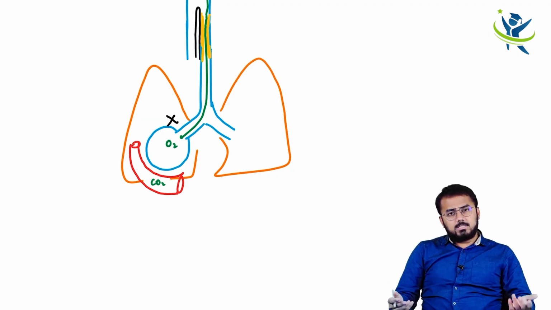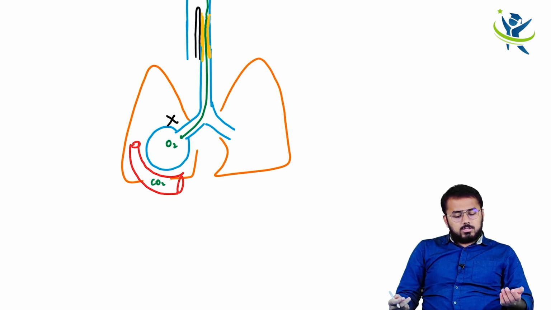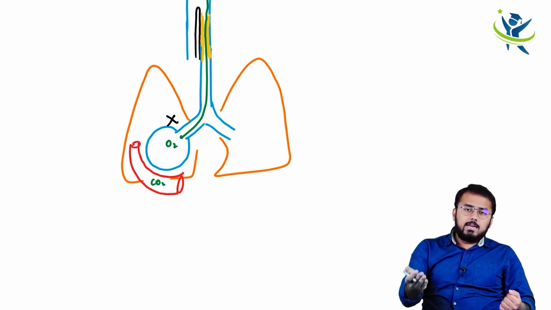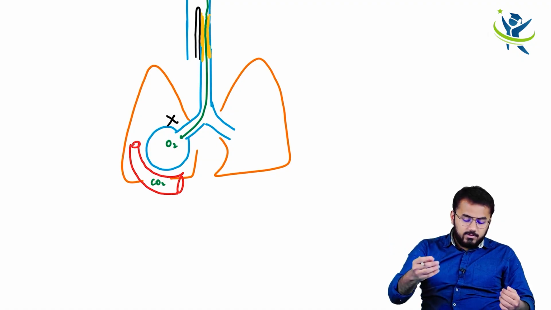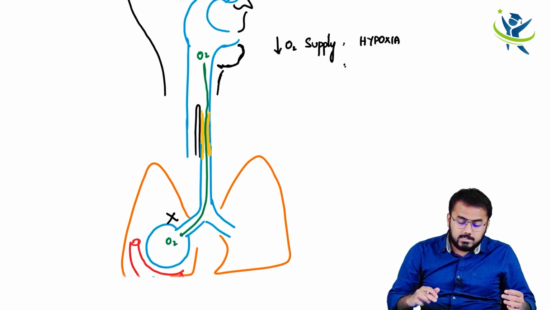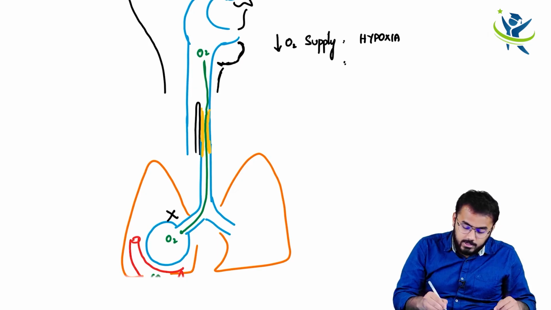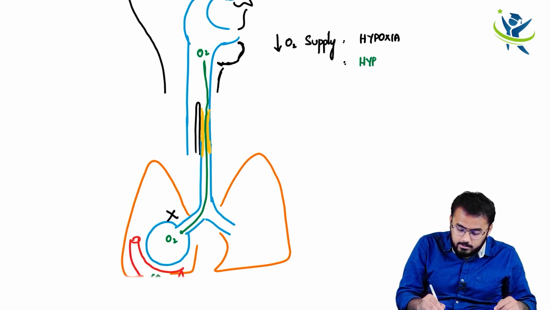There are some pressure changes here. Oxygen is not entering into the blood, and this is called hypoxemia. In the same way, carbon dioxide is not entering into the alveoli and exiting out. Where is the carbon dioxide getting accumulated? Within the blood. And this is called hypercapnia, or hypercarbia.